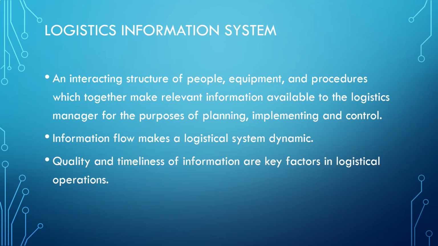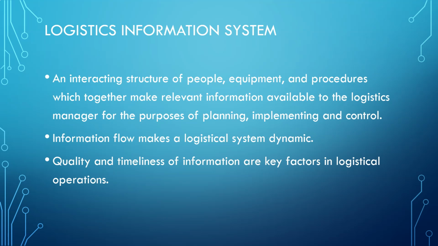The information system is an interacting structure of people, equipment, and procedures, which together make relevant information available to the logistics manager for the purposes of planning, implementing, and controlling the logistics. Basically, the collected and analyzed data will be available to upper management for decision making, and information flow makes a logistical system more dynamic.